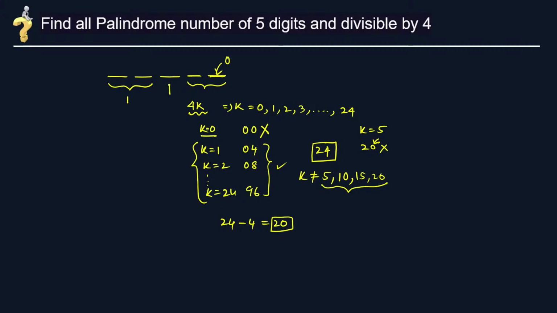But in the middle position, I don't have any restriction, so any digit of these 10 digits can come there. Therefore, the total number of 5-digit palindrome numbers that are formed, which are all divisible by 4, will be 20 into 10. That gives us 200. So 200 such palindromic numbers are there.